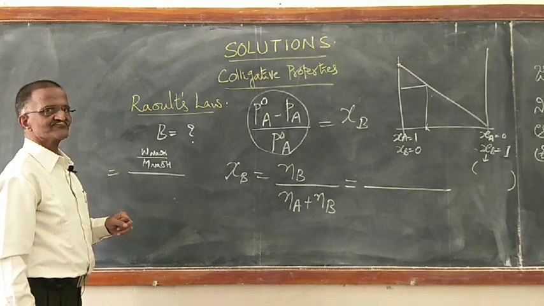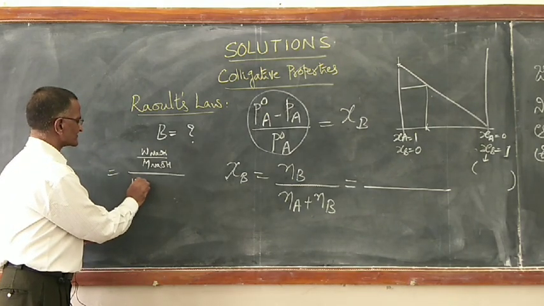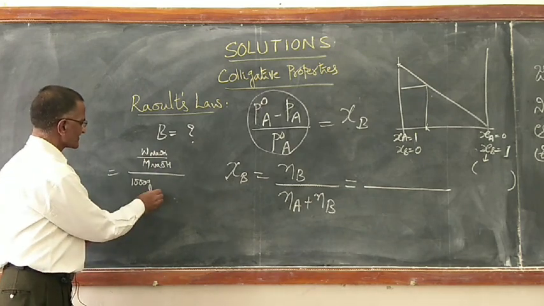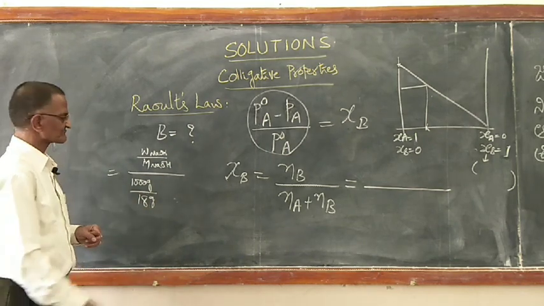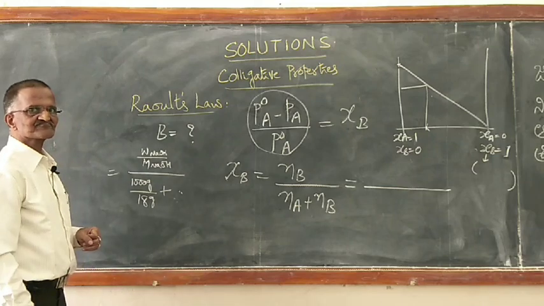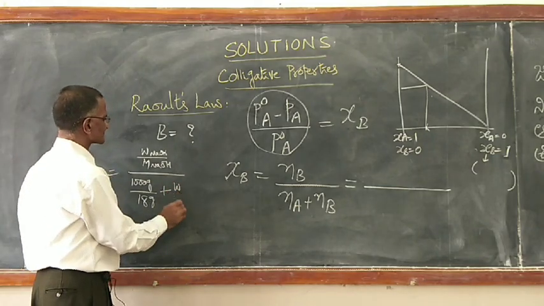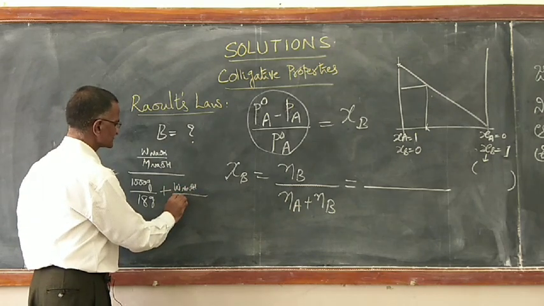Number of moles of water. Number of moles of water is, again, I know 1000 grams of water I have taken, and the molar mass of water is 18 grams, plus Nb, same thing here, right? Again, how many grams of sodium hydroxide you have taken, divided by the molar mass of NaOH.